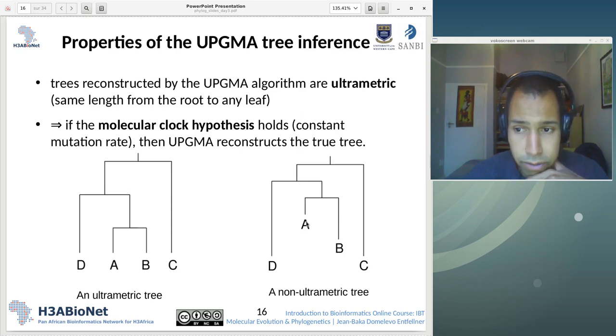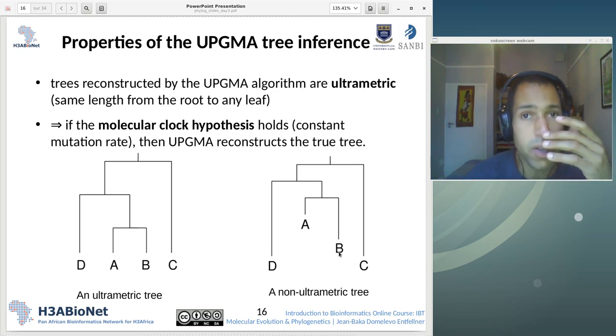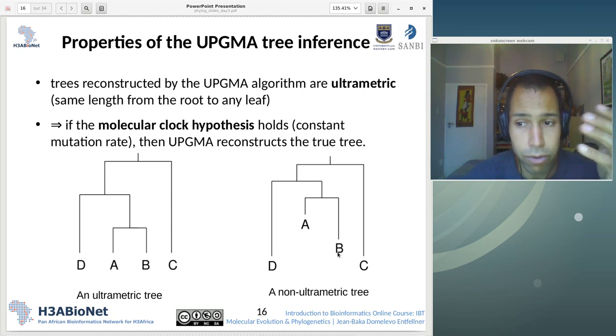And remember, the distance in a tree must be proportional to the expected number of mutations. So since all sequences corresponding to the taxa, or all traits measured corresponding to the taxa, are extant traits, we're always working with current data.